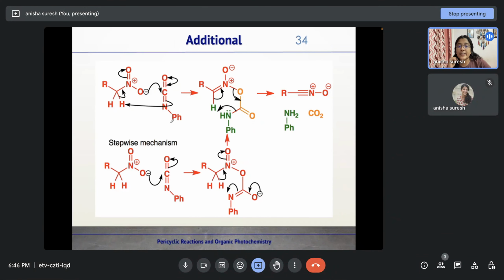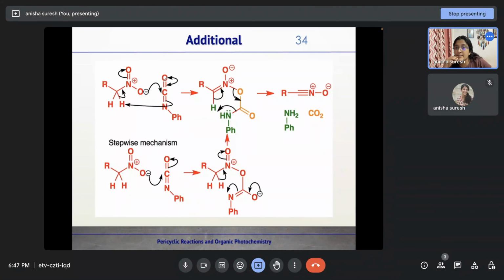So for additional information, I just have to show how this nitrile oxide is forming by reaction of the nitro compound with phenyl isocyanate. So what will be happening here is this negative charge of the oxygen will go and add on to this carbon.